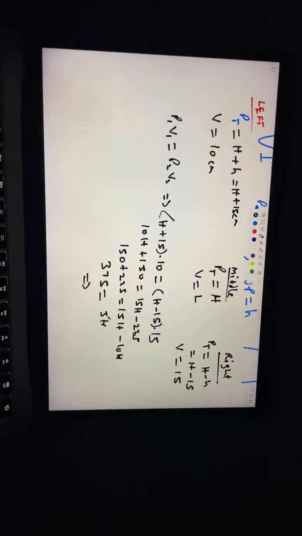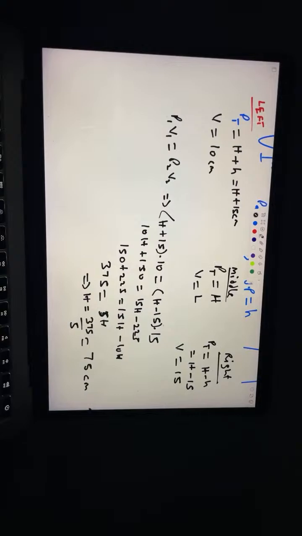So that implies that H will be 375 over 5. So that's 75 centimeters. So the atmospheric level pressure will be 75 centimeters.